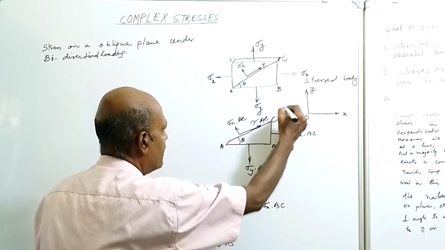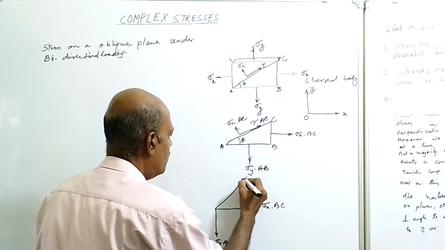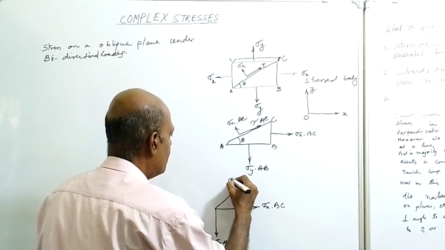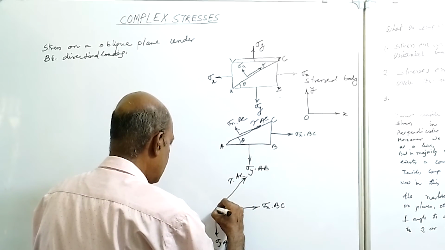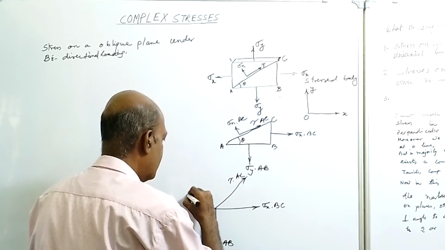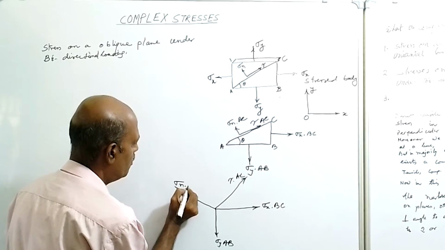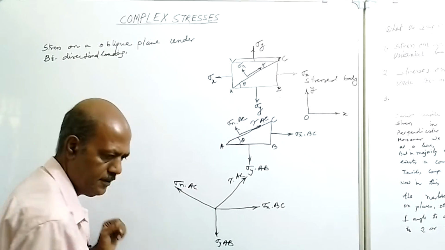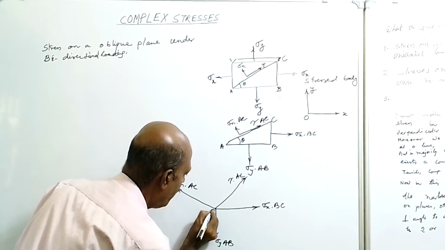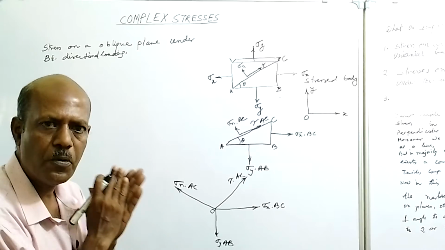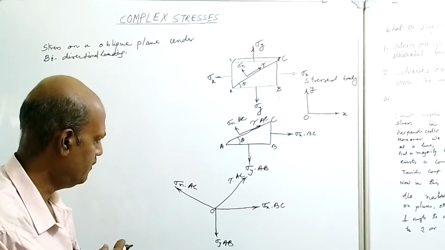Now with the x direction making an angle theta, the tangential shear force is acting, that is tau into AC. And at an angle of 90 degrees to this direction, the force acting is sigma n into AC. So this is the total case and this is the initial point O, from which all the forces are acting simultaneously.